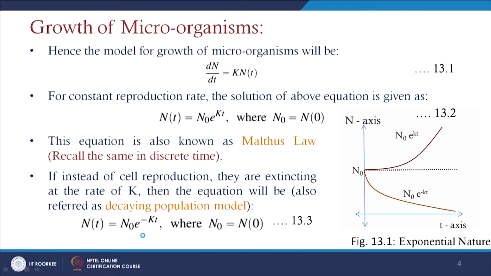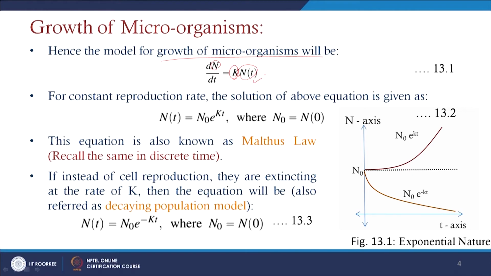Obviously, the change of population level with respect to time depends on k and the number of population present at the beginning. Hence, the model for growth of microorganisms will be the change of population n, which depends on the rate of change of the population level times the total number of population.